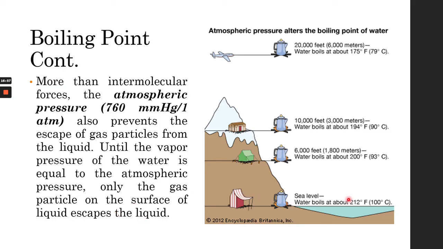At sea level, we know that the temperature to boil water is 100 degrees. When the water reaches 100 degrees, it starts to boil. The bubbles form, the water particles turn into gas and leave the liquid. This is because the vapor pressure exerted as the water boils equals the atmospheric pressure present at sea level.